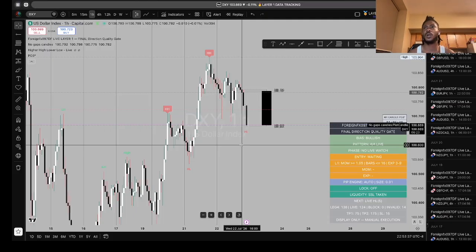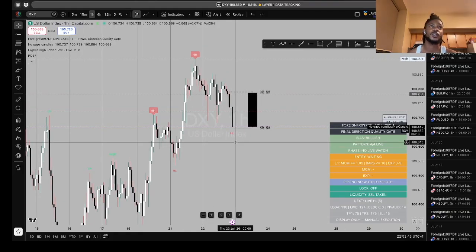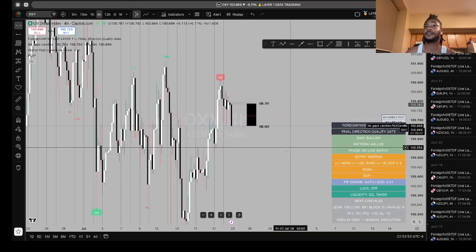So I was looking at it wrong. But now I see why GBP USD is underperforming, because the dollar index is going down and the British pound is going up.